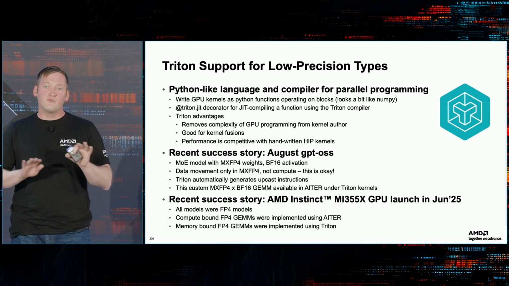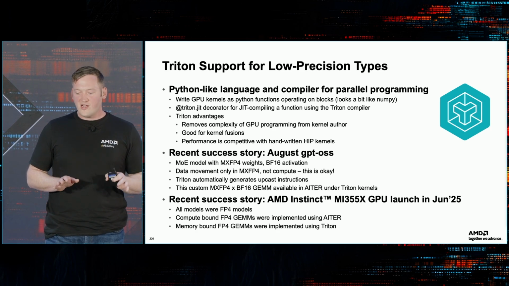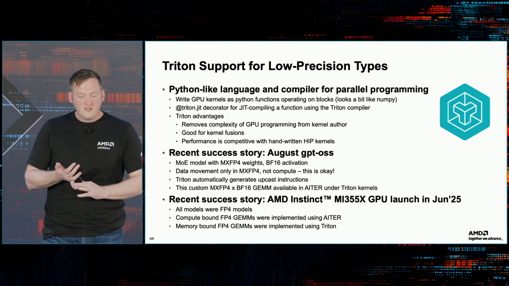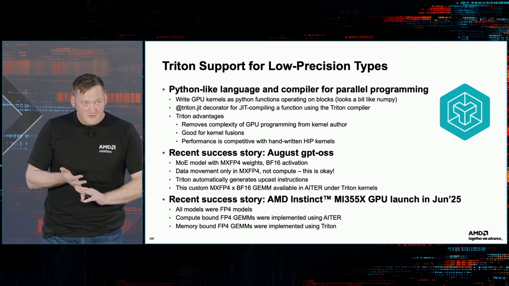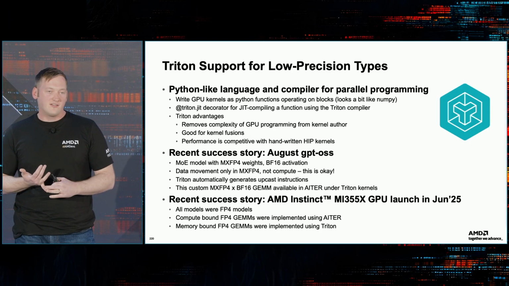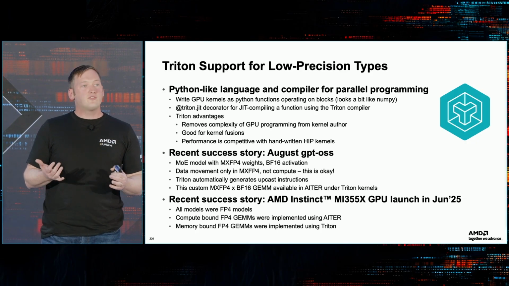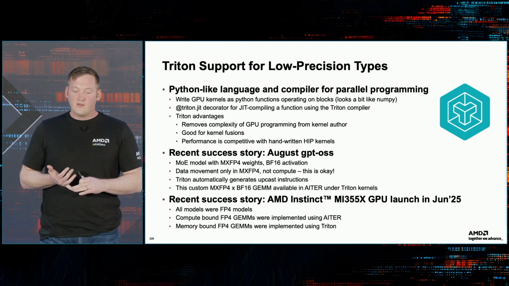So this does remove a lot of the complexity of writing GPU kernels, and this is one of the strengths of Triton. Easy to write fusions. Performance is competitive with natively written HIP kernels. And Triton is one of the core technologies behind PyTorch 2.0's torch.compile. So if you haven't learned it yet, I really recommend diving in.